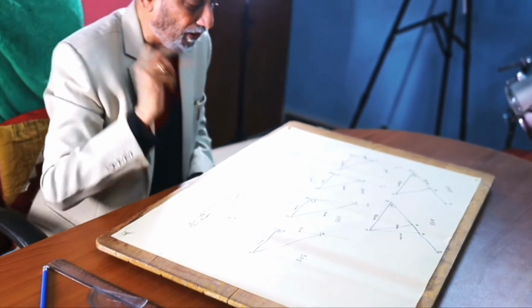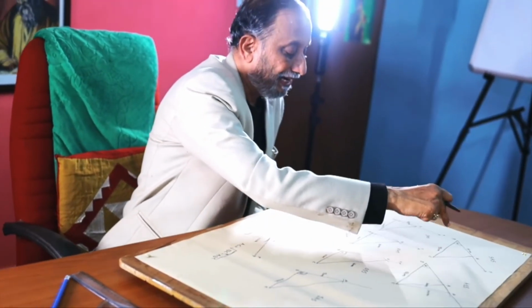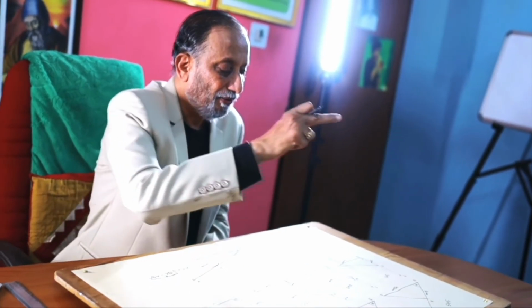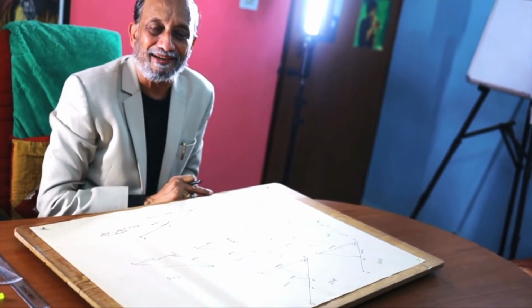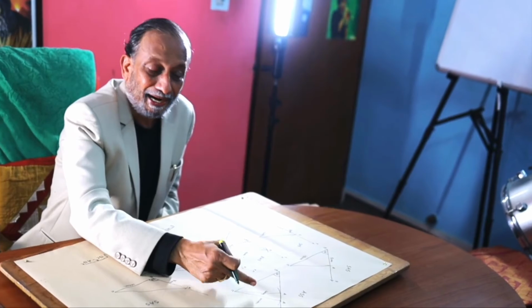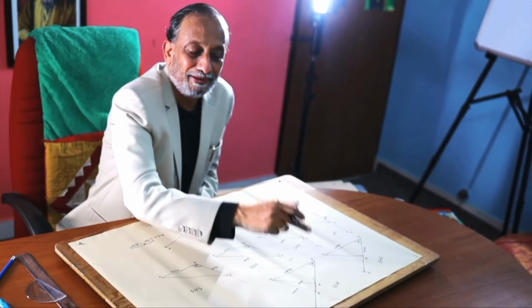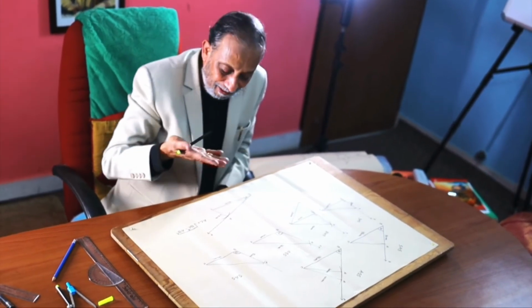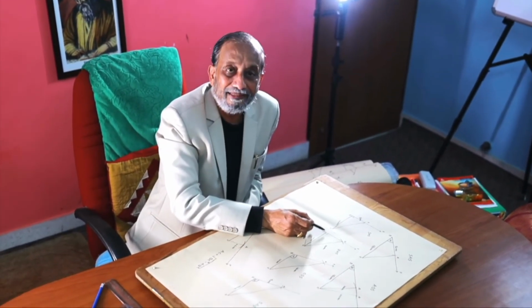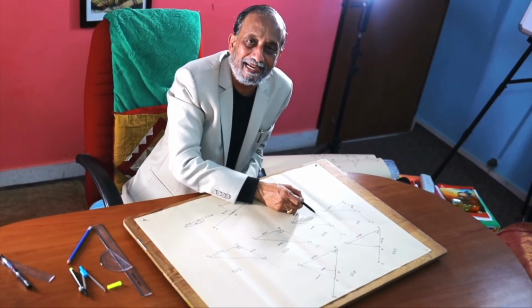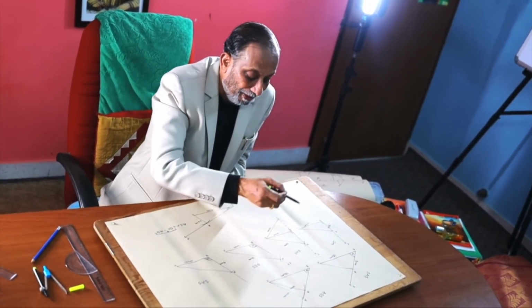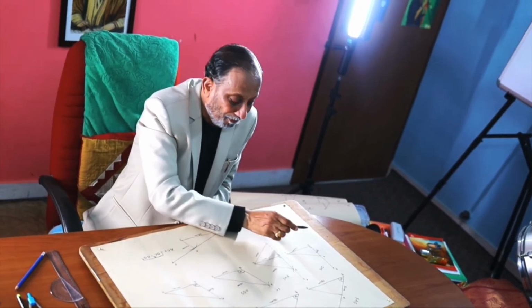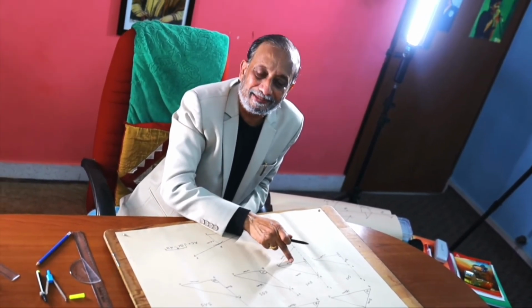To conclude, if two sides and an included angle are given, we are going to get a unique triangle. If two sides and not an included angle are given, we may not get a unique triangle, we may get a unique triangle. If the given angle is a right angle, whether included or not included, we are going to get a unique triangle.